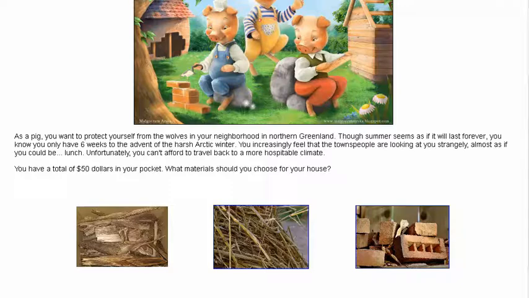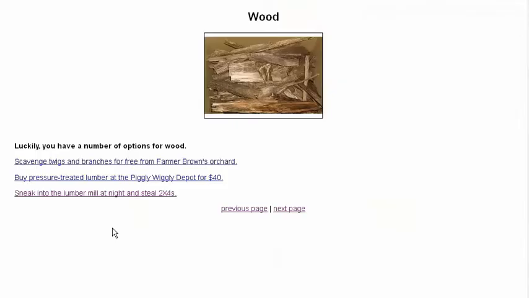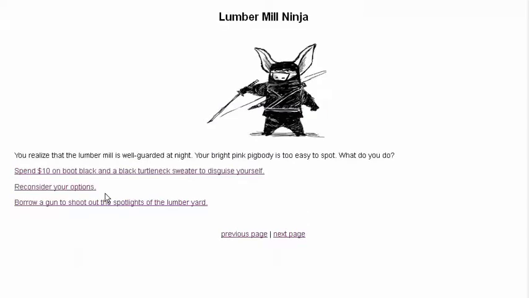Confronted with the choice of wood, straw, or brick, I choose wood, just to be contrarian. Once I choose wood, I have 3 choices to obtain wood. Imagining myself with Mad Pig ninja skills, I choose option number 3. This leads me to a discussion of the effects of my choice, plus another set of options.